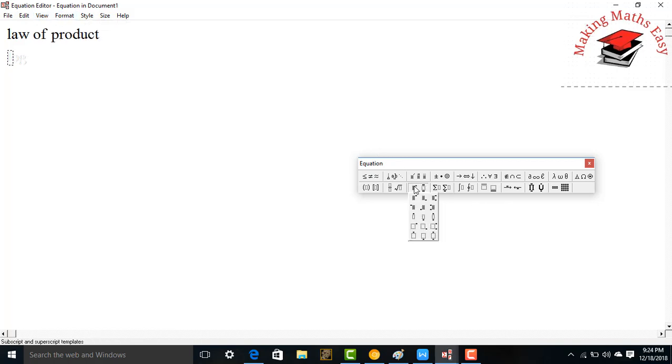First of all, I will write log of mn base a is equal to log of m base a plus log of n base a. Okay, I will write the base here. So this is the law of product which we have to prove.